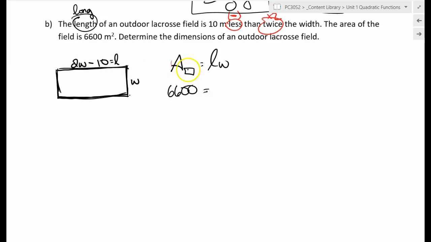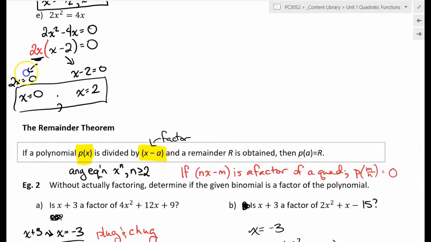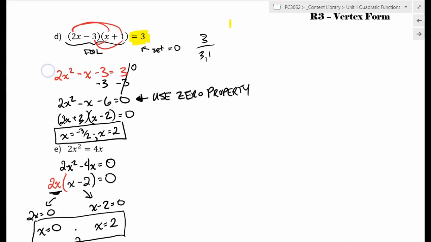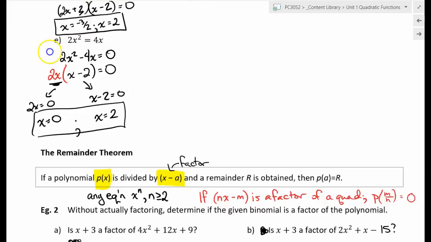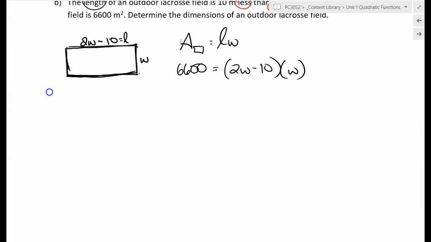But instead of length, I'm going to plug in 2 widths minus 10 multiplied by my width. Well, now we're in a scenario similar to example D up here, where we had it factored, but it wasn't set equal to 0.